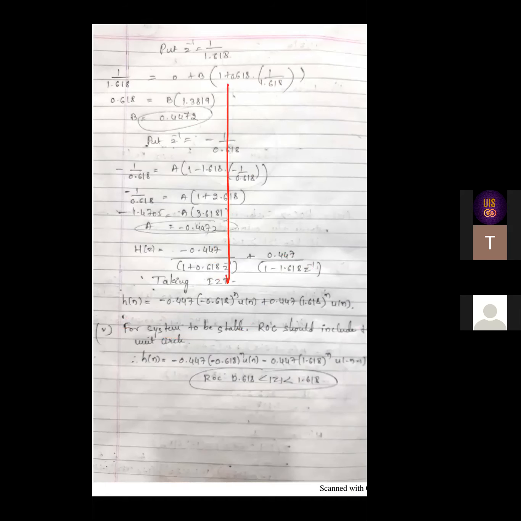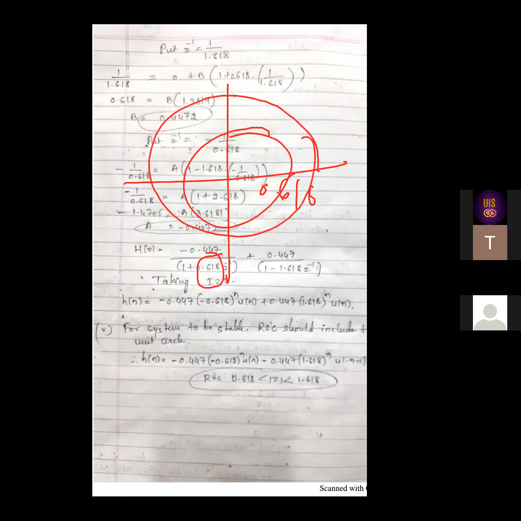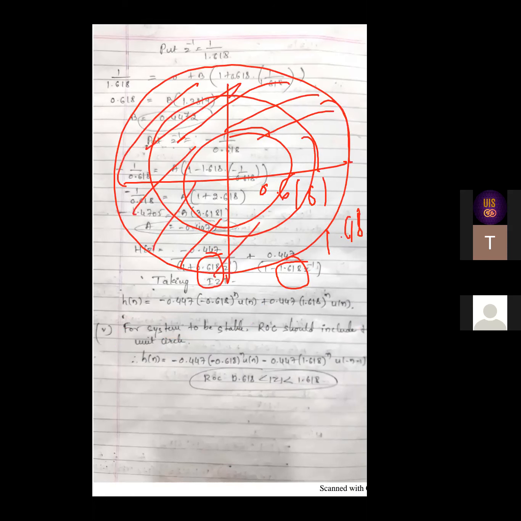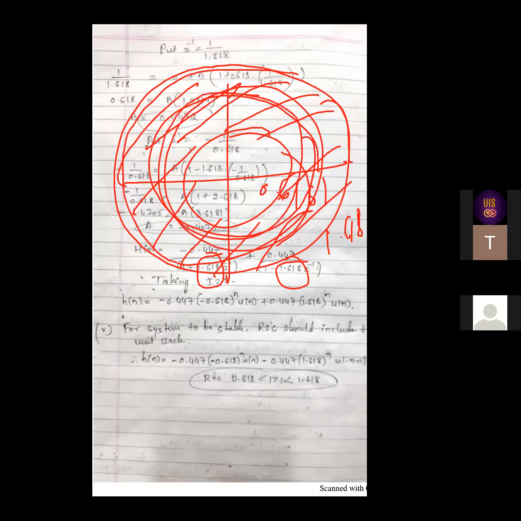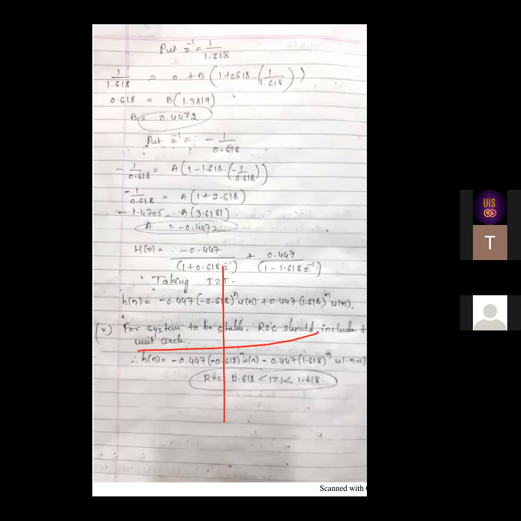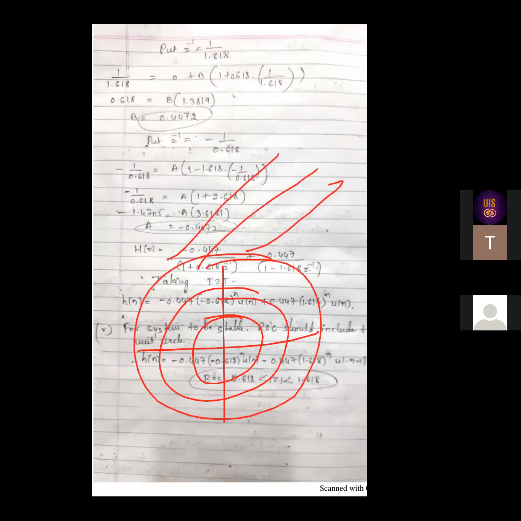How? Let's see here. If I draw this as, say, 0.618, one root, then this is your unit circle. Next, this point, say 1, and this value 1.618. If these are the three circles in the Z plane, and I shade the ROC in between, then only the ROC includes your unit circle. Otherwise it's not possible. If I shade the outermost part, it does not include the unit circle.